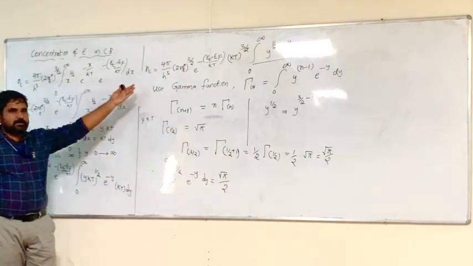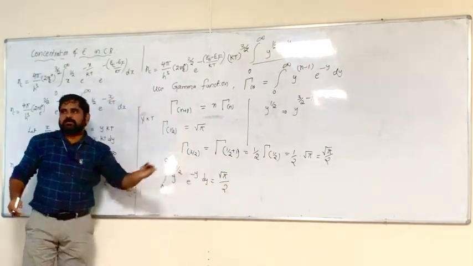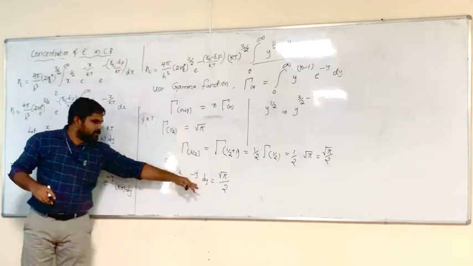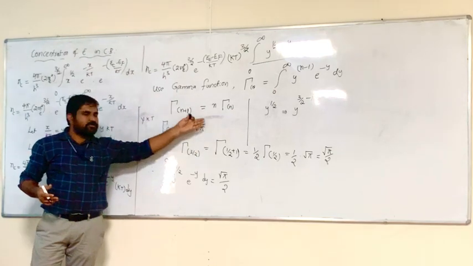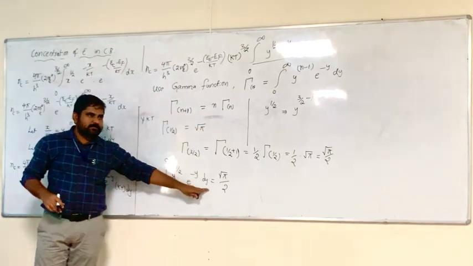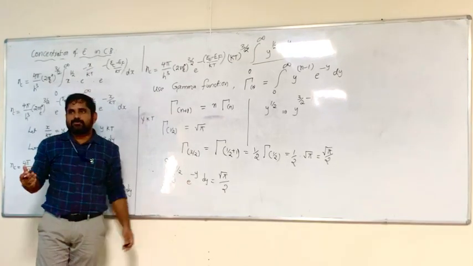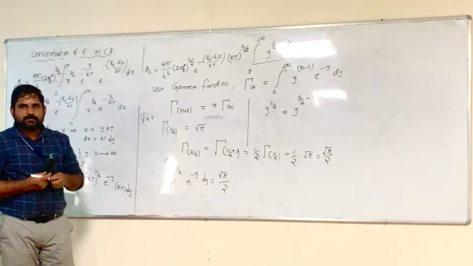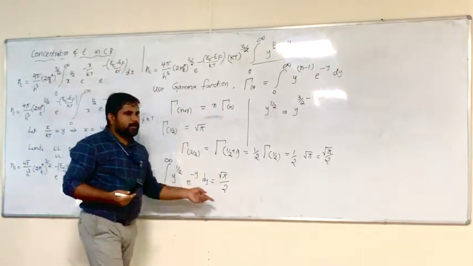Without solving, we use the gamma function. It is an easy method because it is new for us; it is confusing, but the end value is important. You should remember that the end value is root pi by 2, which we got simply from the gamma function.